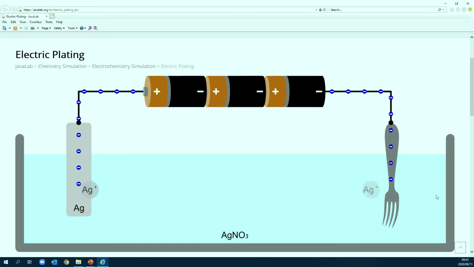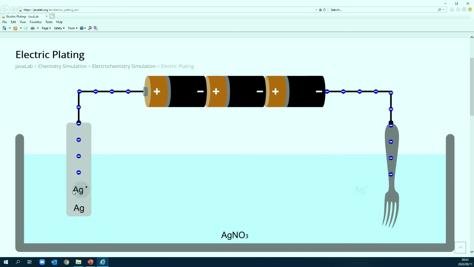So automatically, this fork here becomes our cathode. All right? And what do we know? What happens at the cathode? Reduction. Over here, we need a metal that we need for coating. And we are going to be coating the fork with silver, so we need an electrode which is silver. That electrode will be our anode over there.